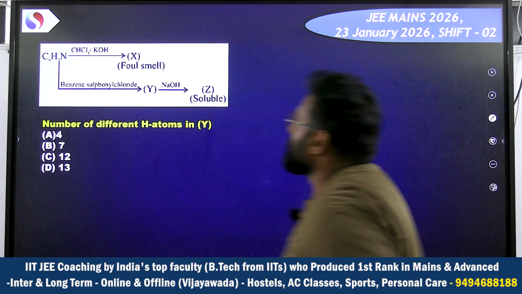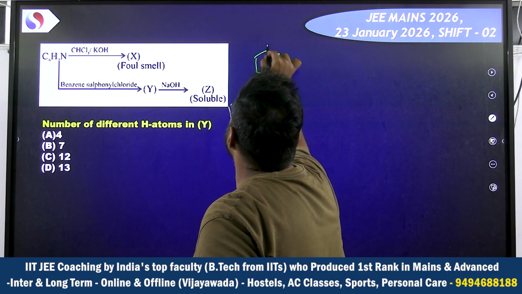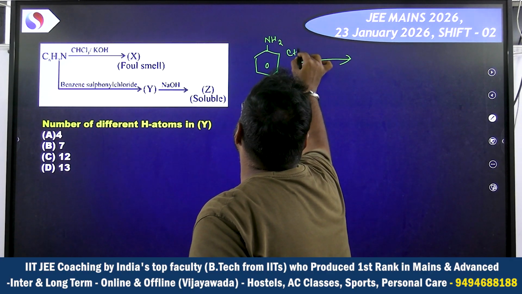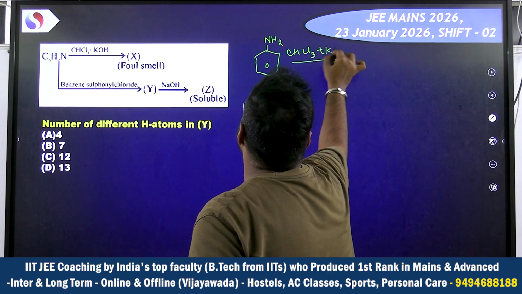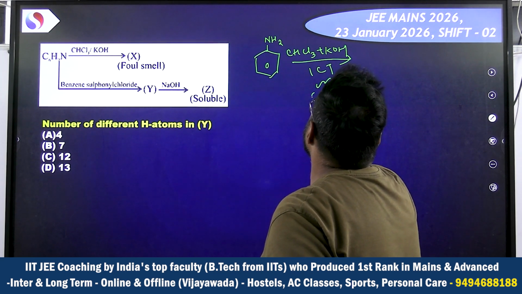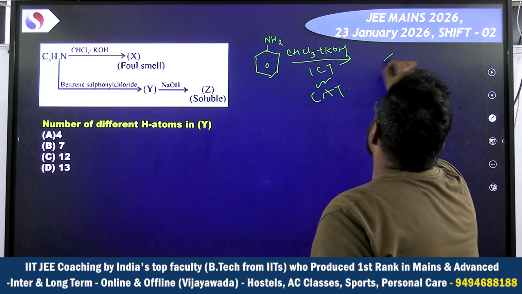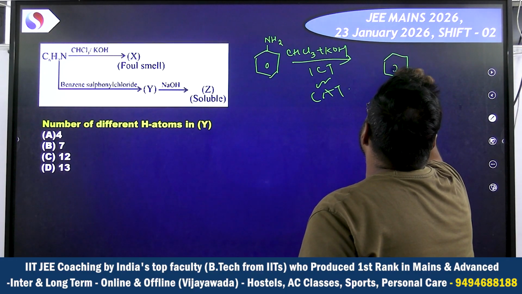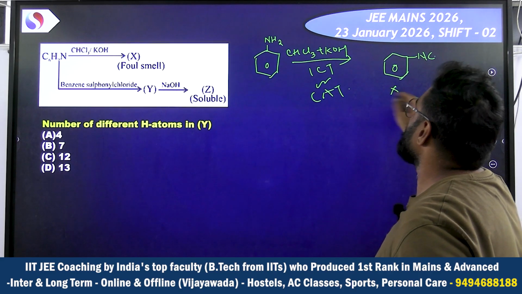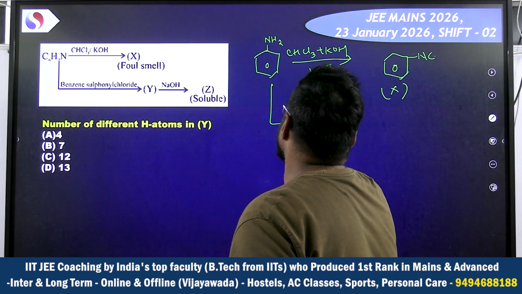C6H7N, aniline. When reacted with CHCl3 plus KOH, this is the isocyanide test, ICT or CAT, meaning carbylamine test. Correct? So look, what is the product generated? The product generated will be NC, which has a foul smell. This is compound X. Now, what do you have to react?